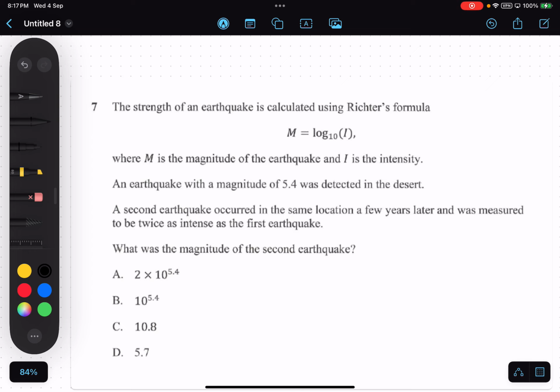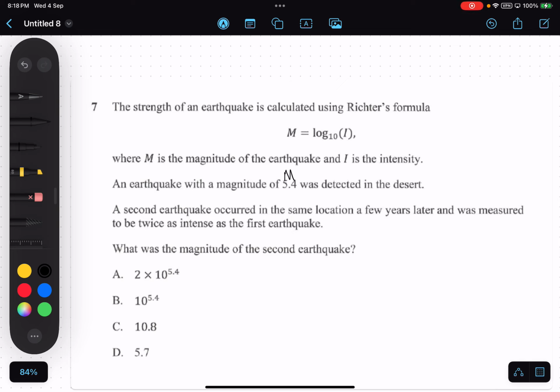An earthquake with a magnitude of 5.4, so that's going to be our value of M, was detected in the desert. A second earthquake occurred in the same location a few years later and was measured to be twice as intense as the first earthquake. It asks, what is the magnitude of the second earthquake?